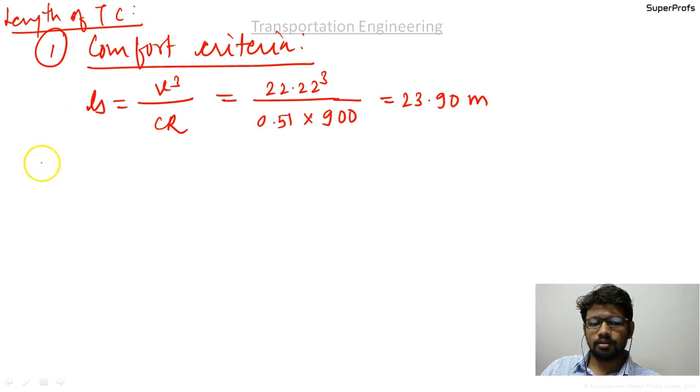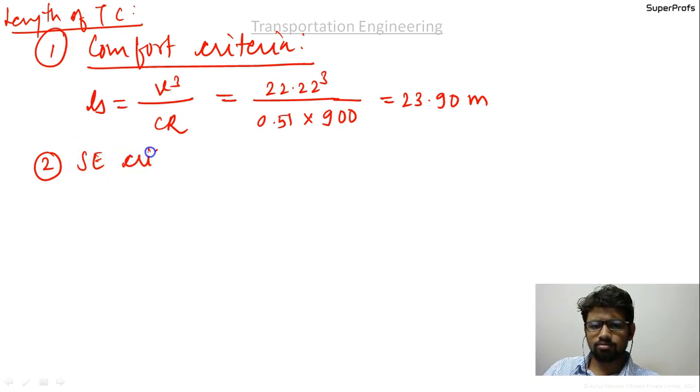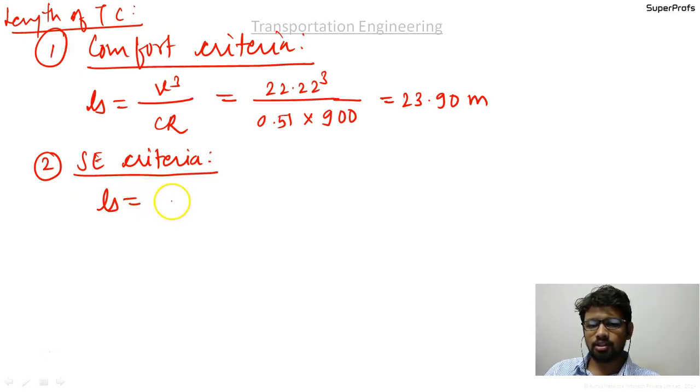Secondly, the second criterion is the super elevation criterion. So the length of the transition curve as per the super elevation criterion is NEW plus WE.